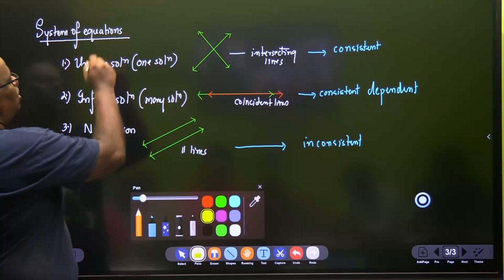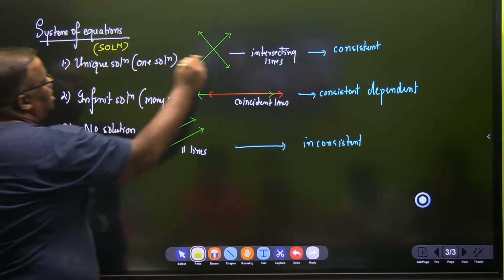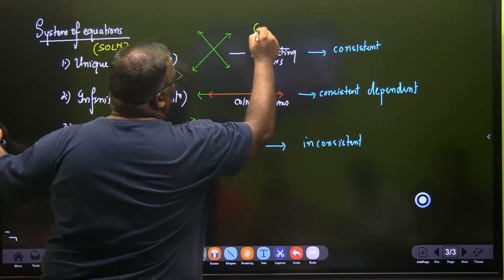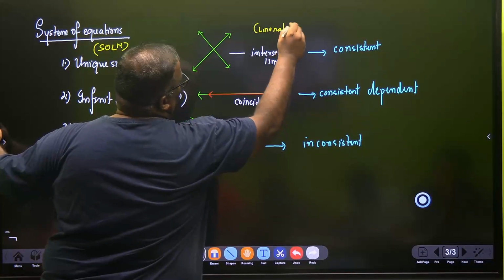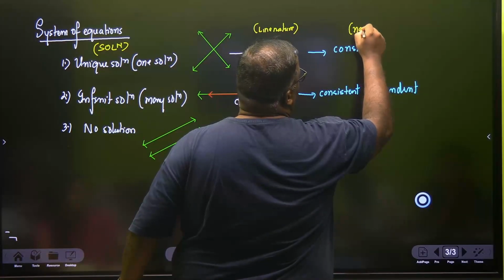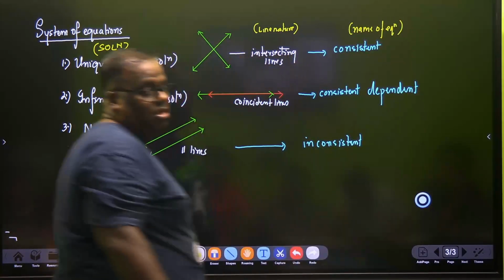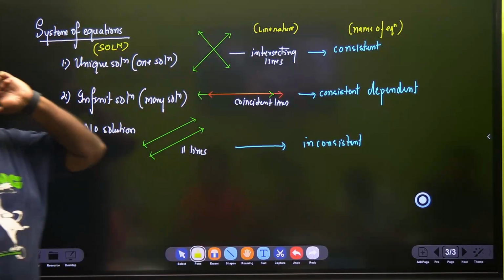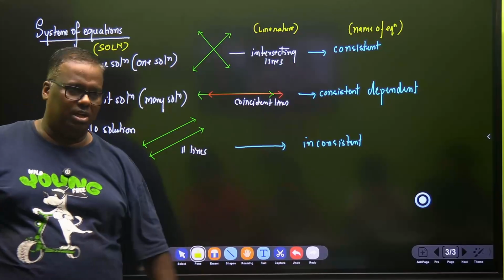Pehle suno. This naming is on the basis of solution. This naming is on the basis of line nature. Understood? And this is on the basis of name of equation. Consistent equation. Consistent dependent. This is consistent independent actually. Okay.